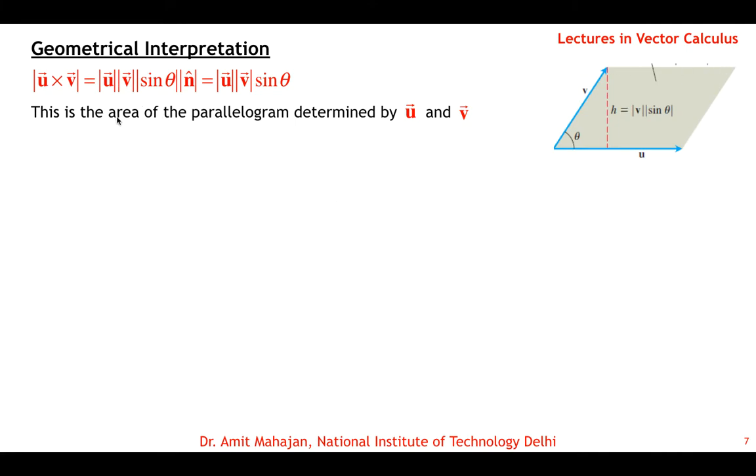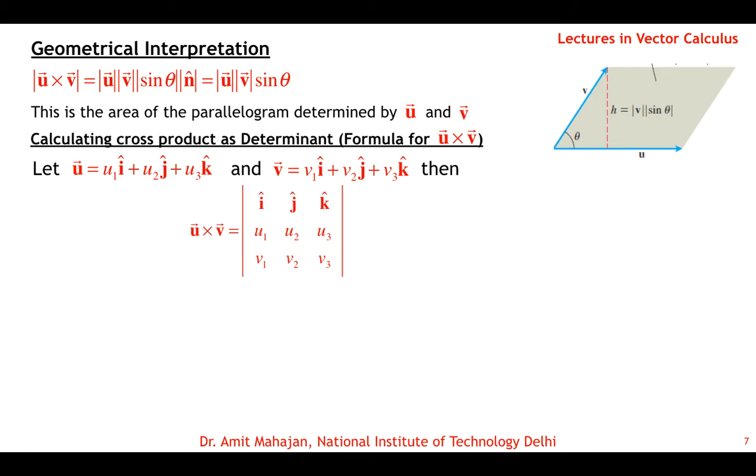So clearly the cross product magnitude will determine the area of the parallelogram, where u and v vectors form its sides. We can calculate the cross product if u and v vectors are given by calculating the determinant.